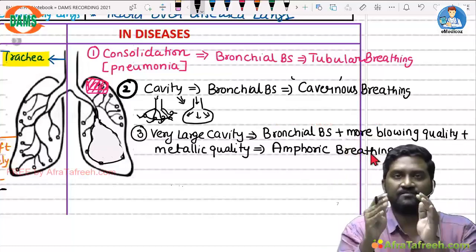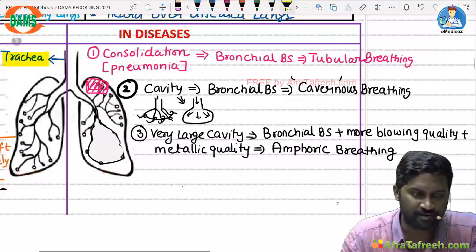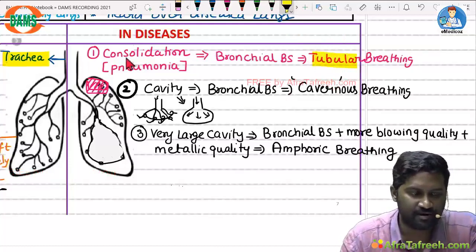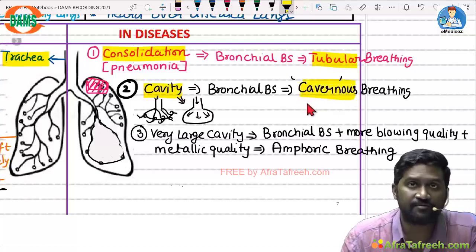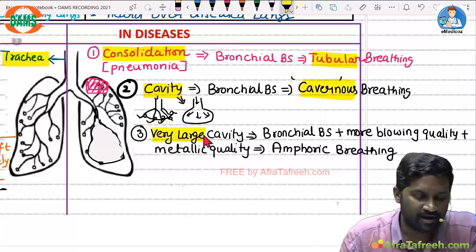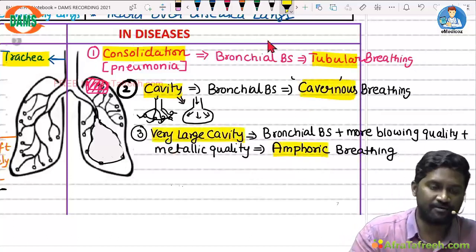Because it is similar to blowing into a jar, this is called amphoric breathing. So you should know, in consolidation there is tubular breathing, in a cavity, cavernous breathing, blowing into a small bottle, and in a very large cavity, blowing into a big jar, it is called amphoric breathing.